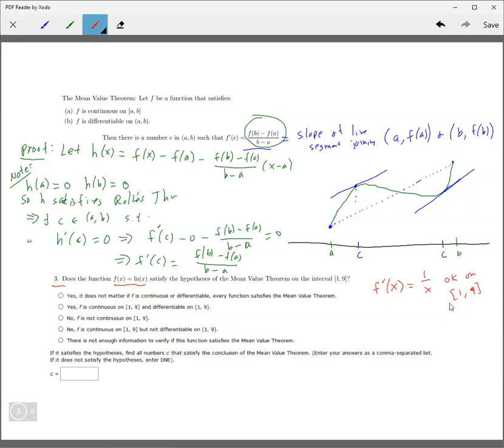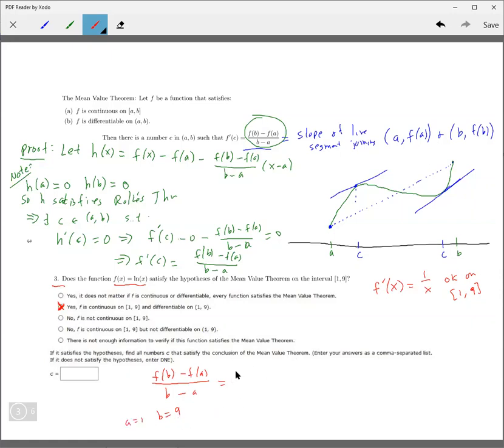Okay. So this is true. Okay, so the second part, if it satisfies the hypotheses, find all numbers C that satisfy the conclusion of the mean value theorem. So all you need to do is calculate f of b minus f of a over b minus a. But we know that a is 1 and b is 9, right?